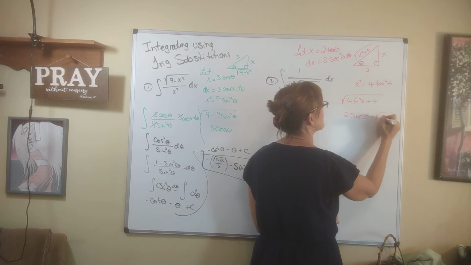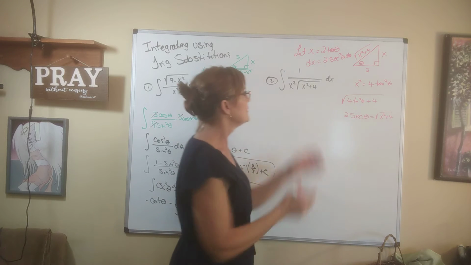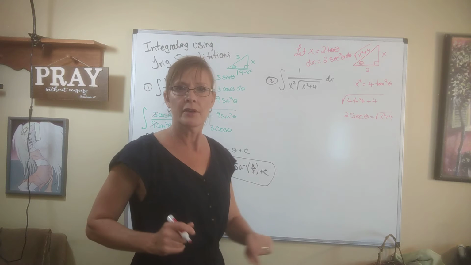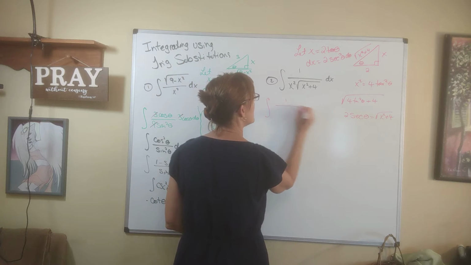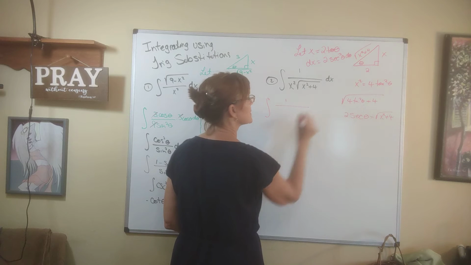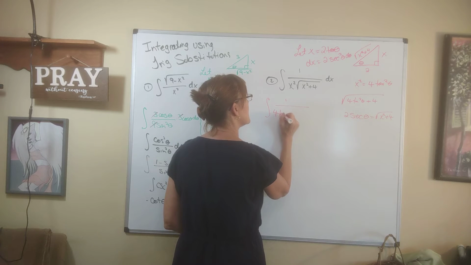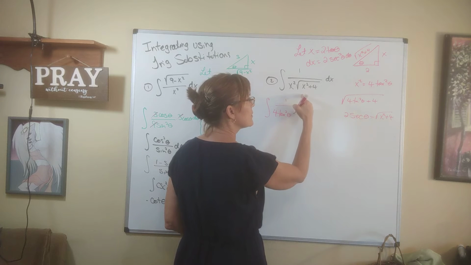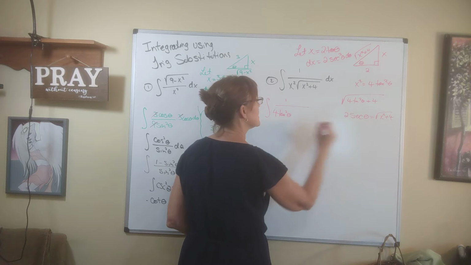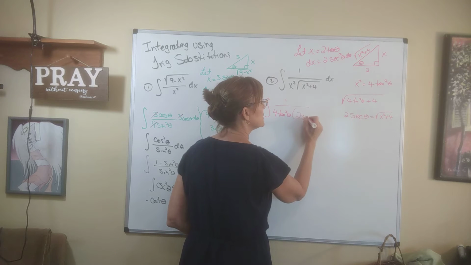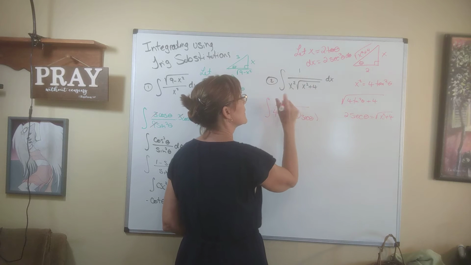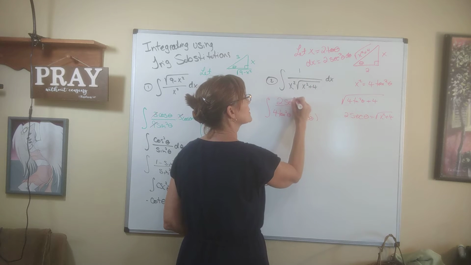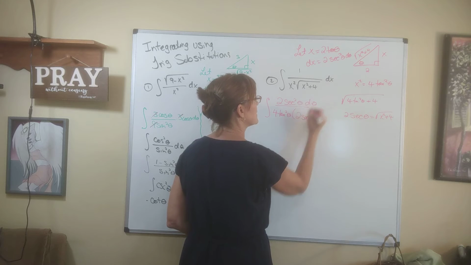That's what this is. All right, now I'm going to put all this together in terms of theta. This is going to be the integral of 1 over x squared, which is this, 4 tangent squared theta, times the square root of x squared plus 4, which is this, 2 secant theta, times dx, which is this, 2 secant squared theta d theta.